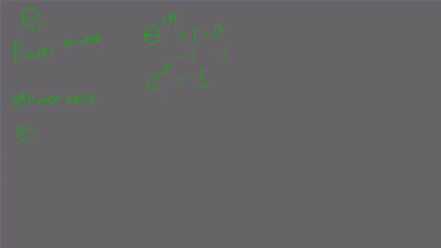It is 1 over 0 factorial plus 1 over 1 factorial plus 1 over 2 factorial plus 1 over 3 factorial plus 1 over 4 factorial plus 1 over 5 factorial plus... The sum, basically, of all of these numbers will end up being Euler's number.